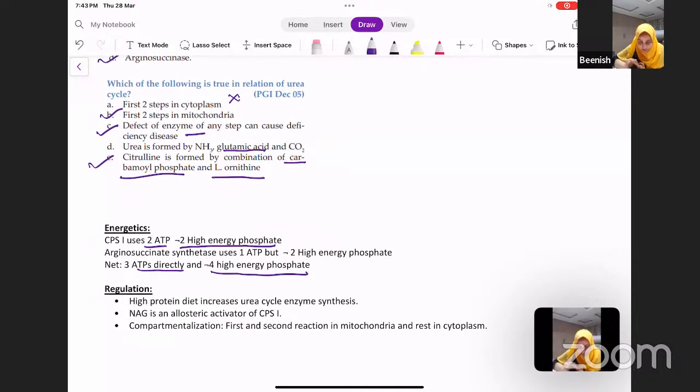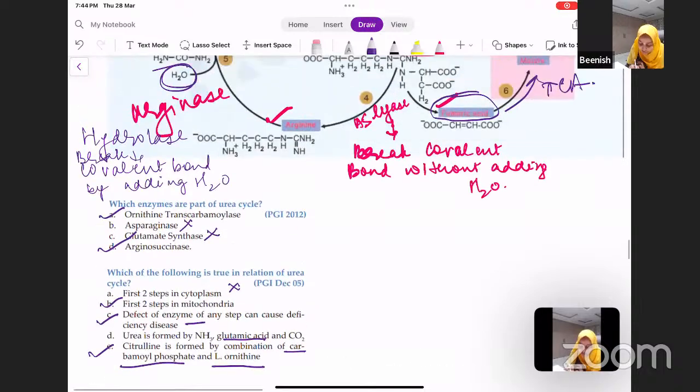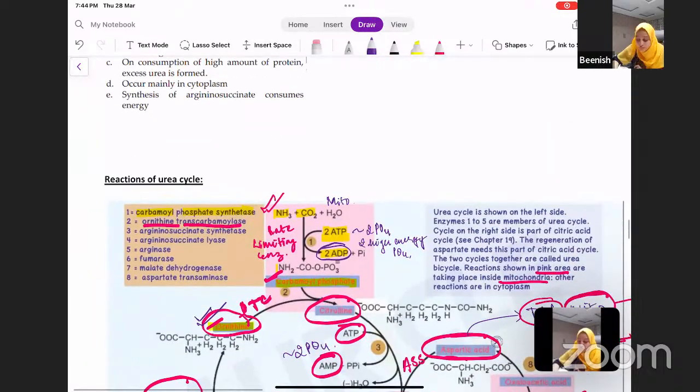Now regulation of the urea cycle. High protein diet increases urea cycle enzyme synthesis. NAG is an allosteric activator of CPS1. So this first step of the urea cycle, you can see here, is activated by NAG. What is NAG?